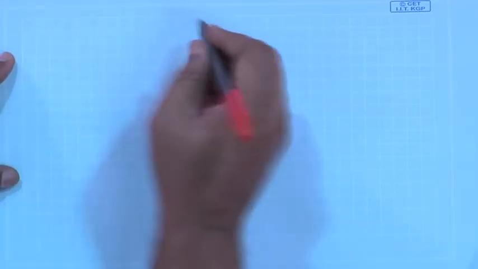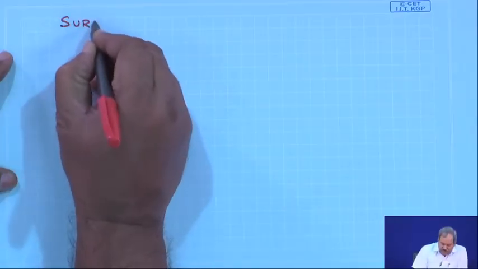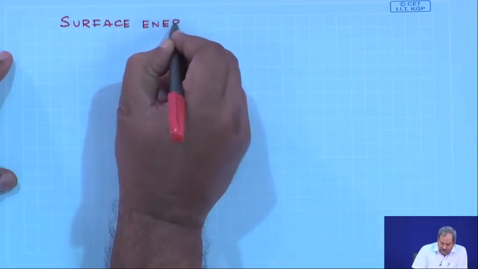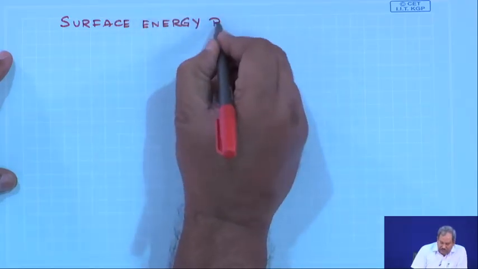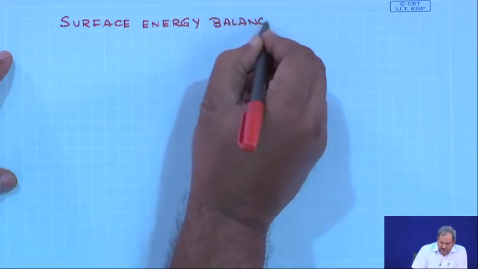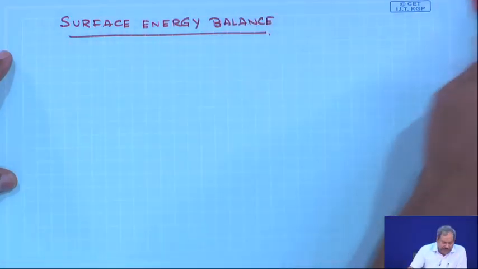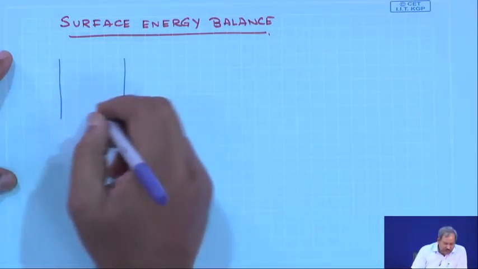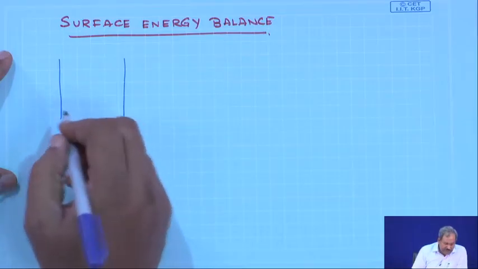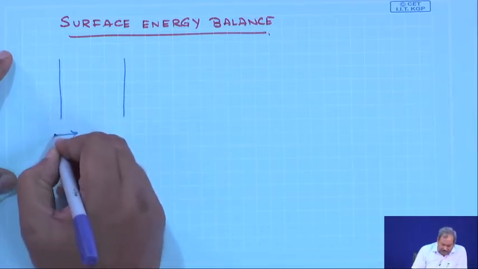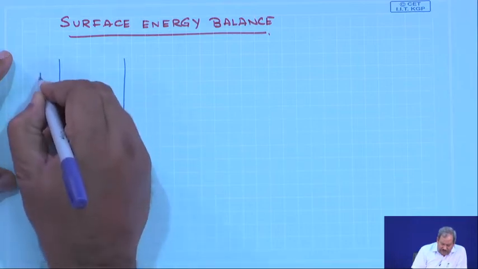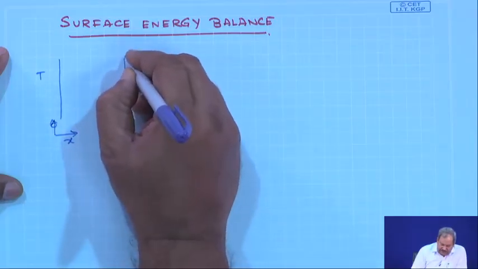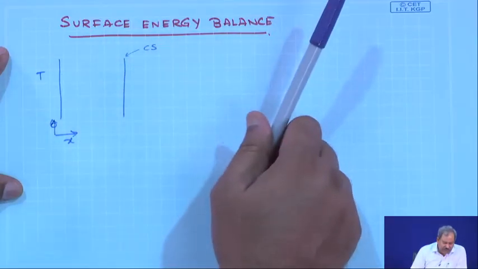So, let us assume that I have a block, this is my x direction, and over here I have the temperature, this is the temperature axis, and this edge I am taking as my control surface.